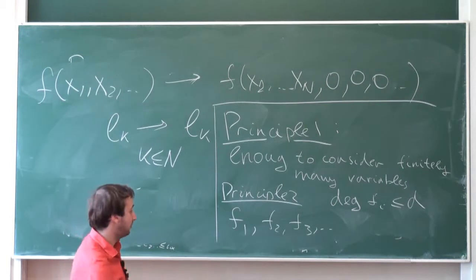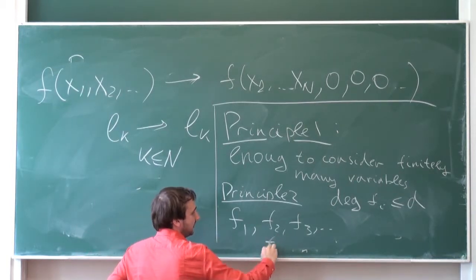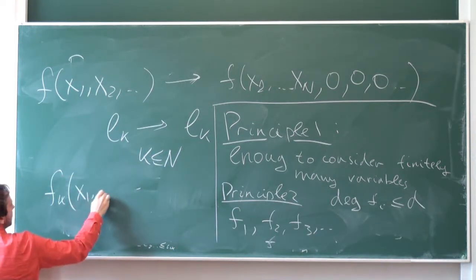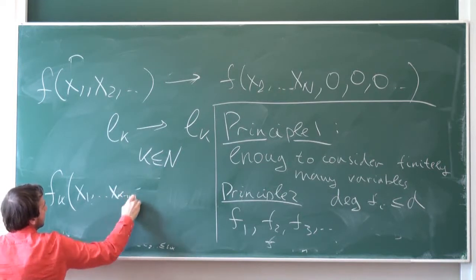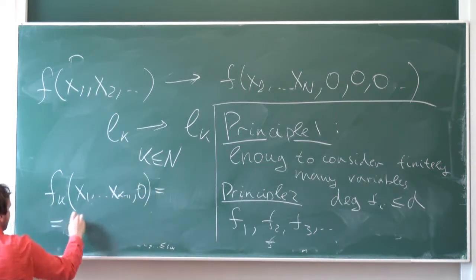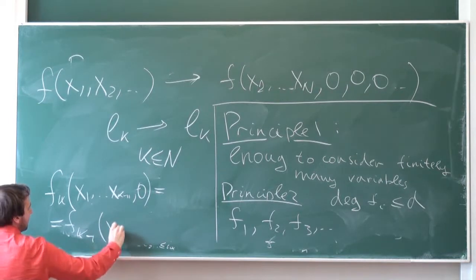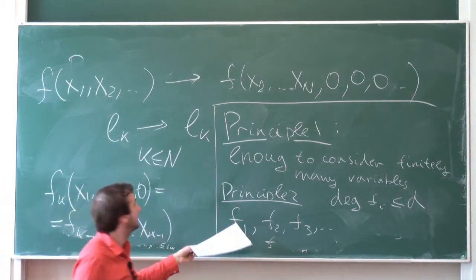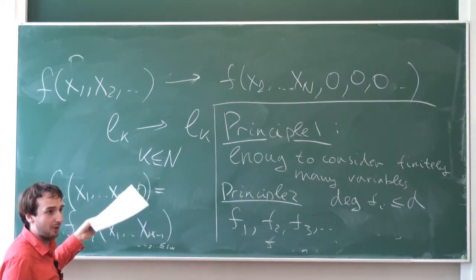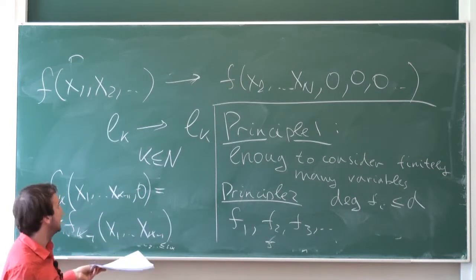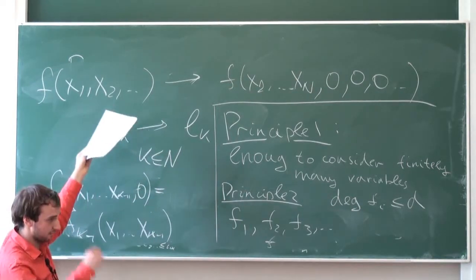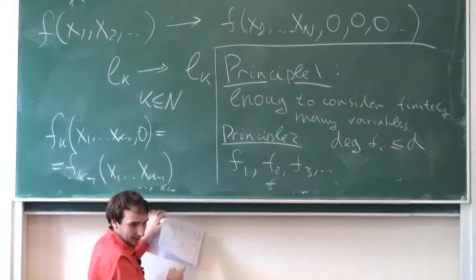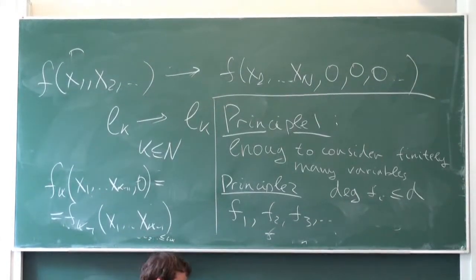And this sequence satisfies the following property: if you take f_k and put 0 as the last variable, then you get f_{k-1}. Then this sequence defines you a function of our ring of symmetric polynomials. This again follows just from looking at this map. So these two principles we will use intensively in working with symmetric polynomials.